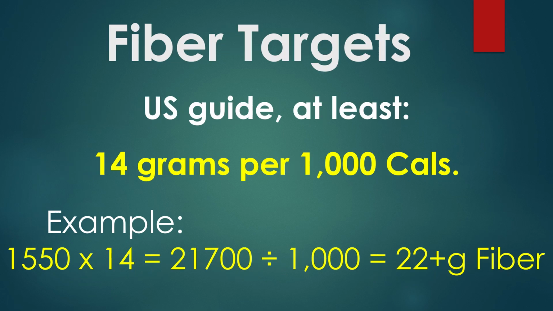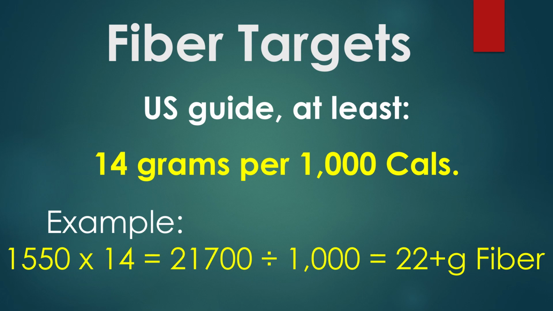There's also a subset of carbohydrate for fiber. The US guidelines are 14 grams per 1,000 calories. So you take 1,550 calories, or whatever yours is, times 14, and that's going to equal some big number. Divide it by 1,000, and that is going to give you the minimum amount of fiber that you should have a day.